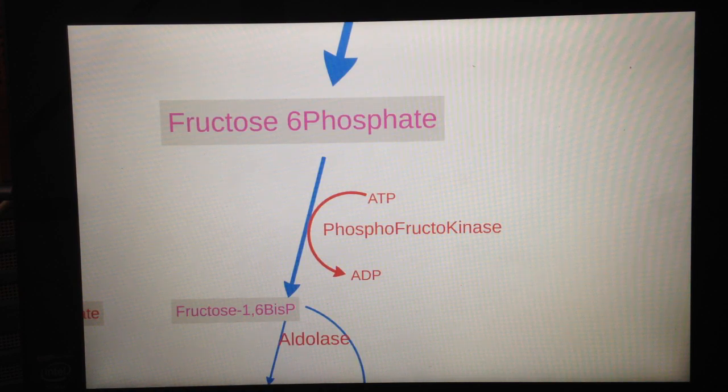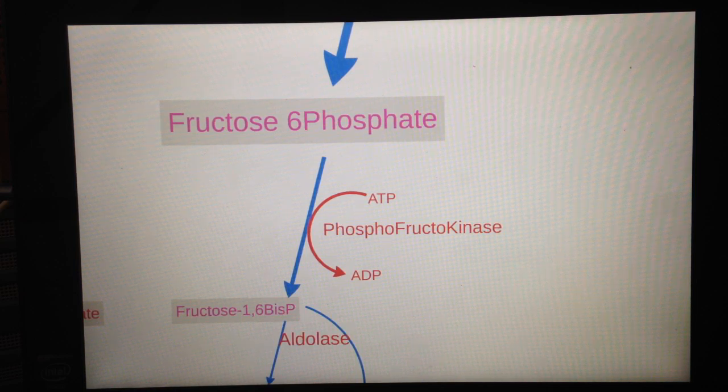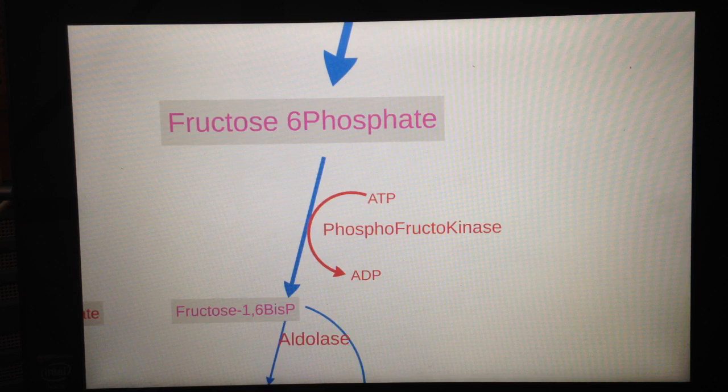Now I'm going to be talking about PFK or phosphofructokinase, which is the enzyme that controls the rate of glycolysis, and it's also a point of commitment. It's sort of like from this point onwards, there's no turning back. Just like when a couple, after several months or years of relationship, decide to get a house together in their joint account.